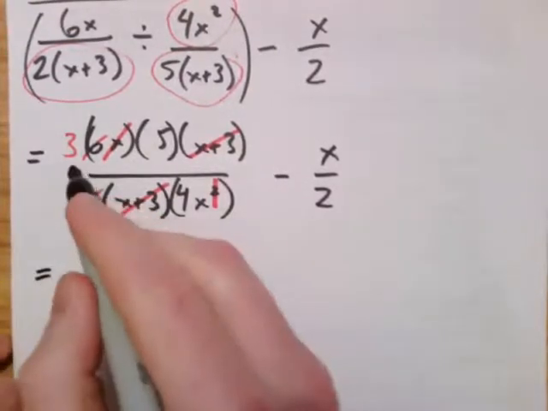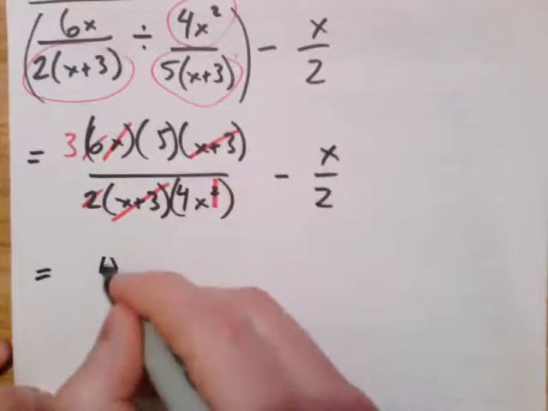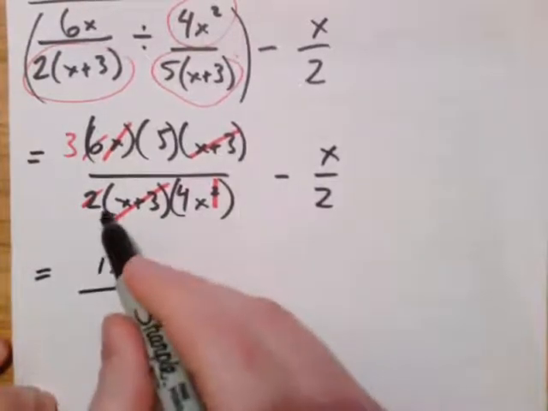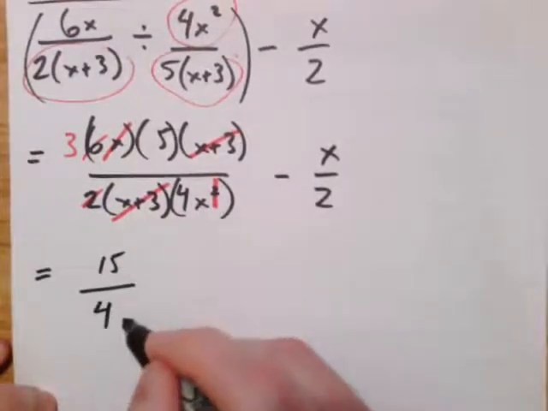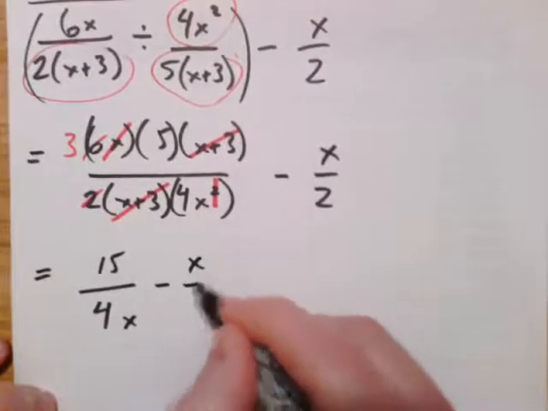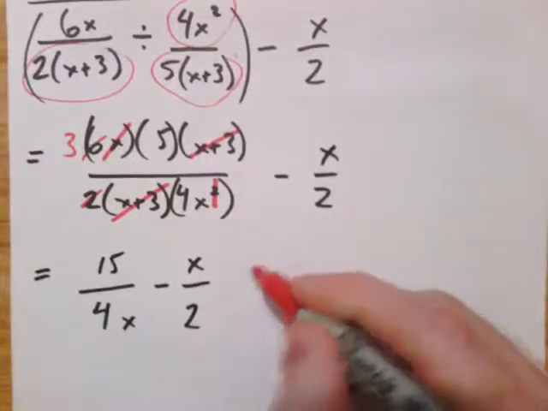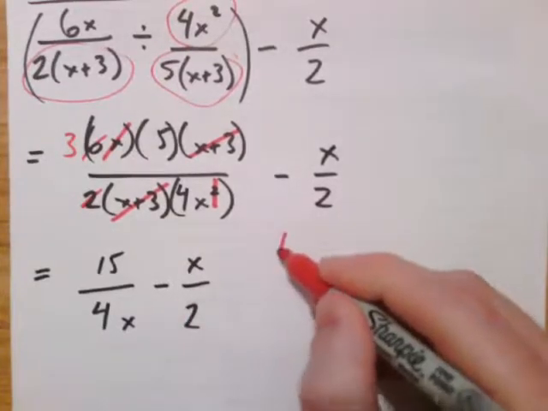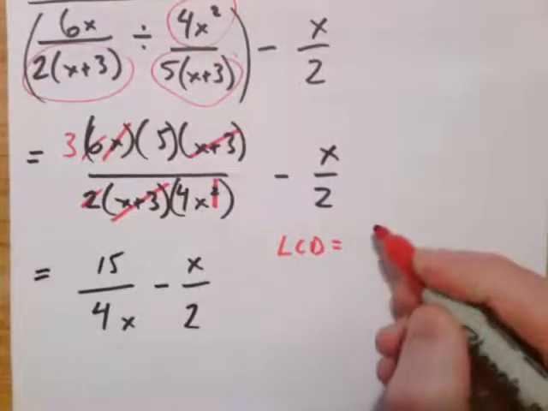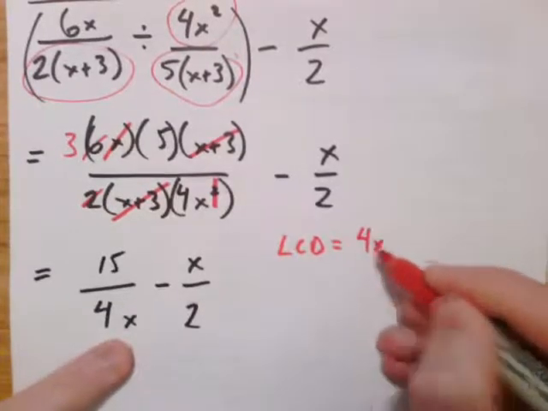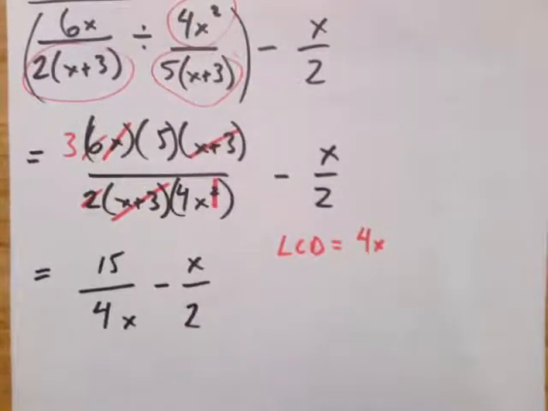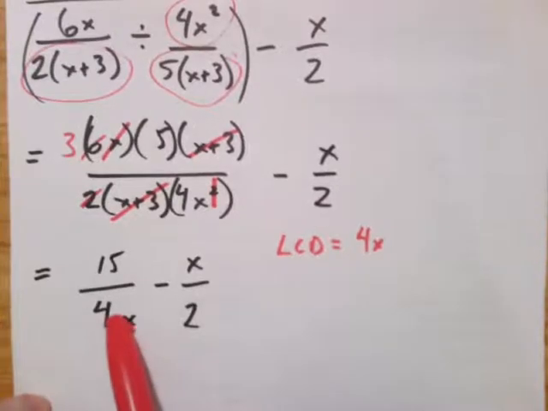So we'll rewrite this. So that's 3 times 5, so that's 15 over 4x. And I have to sneeze. Excuse me. Lowest common denominator here is 4x, because 2 goes into 4x. So this side, we don't have to do anything to it.